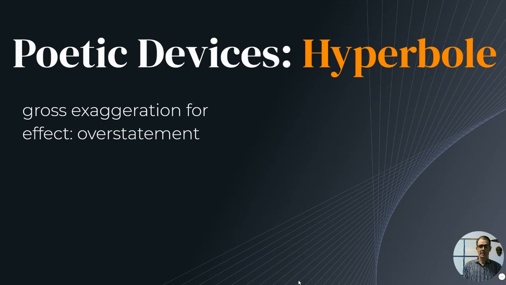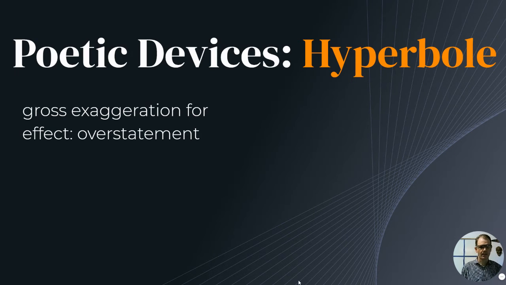Now, hyperbole, again, one you probably heard of, is a gross exaggeration for effect. It's a purposeful overstatement. My sister has always done this, and see, there's a little hyperbole there. When she talks about money, no matter how much something costs, if it's expensive in her eyes, it costs like $1 million. So if it was an expensive candy bar, she would say it costs like $1 million.